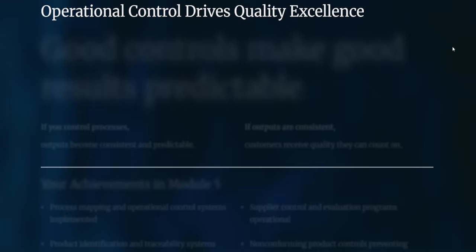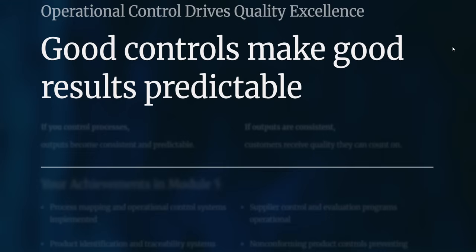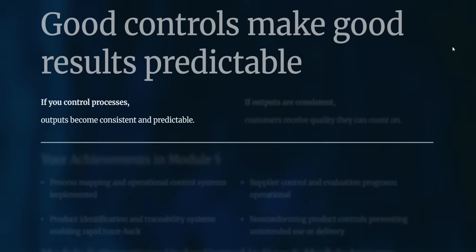So, operational control drives quality excellence. Good controls make good results. That means if you control processes, outputs become consistent and predictable. And if outputs are consistent, customers receive quality they can count on.